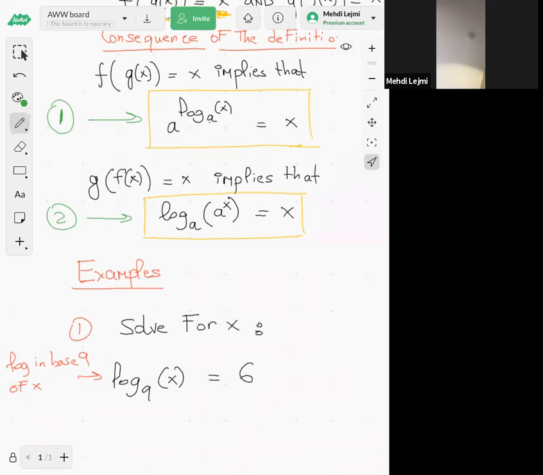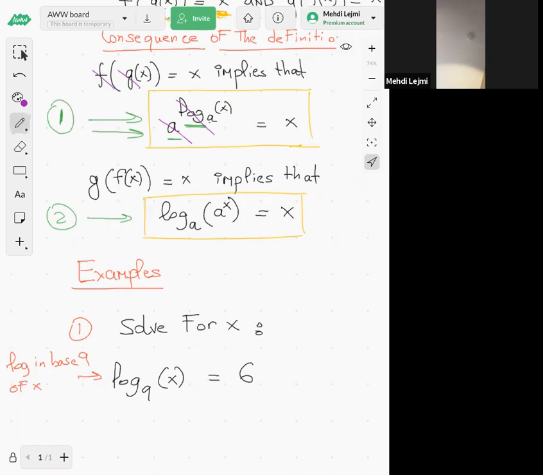Well, if you use the first identity, you have the exponential composed with the log of x, and that will be x. In some sense, the exponential and the log cancel out, and you get your x, because the log is the inverse of the exponential.